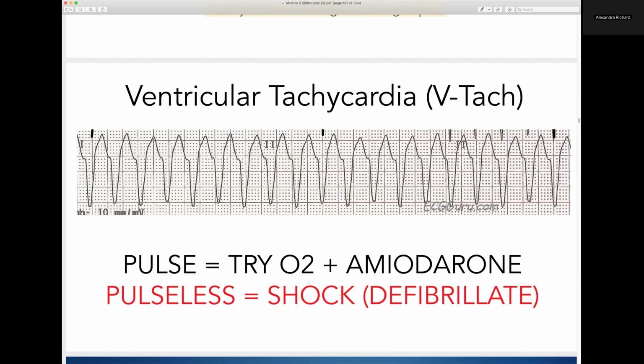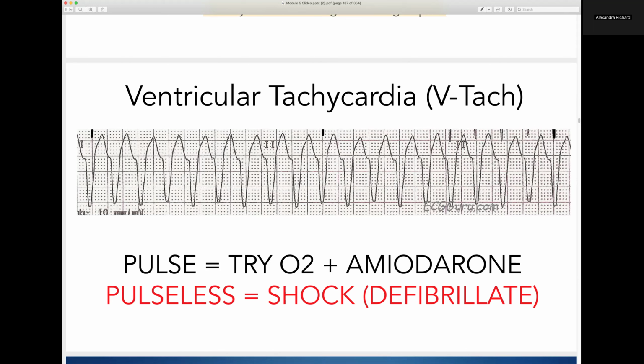Now, let's talk about that. Let's say you get a question on the NCLEX that you see ventricular tachycardia on the EKG, and then you check for a pulse and the patient has no pulse. We know that the patient with pulseless VTach, we have to defibrillate them.